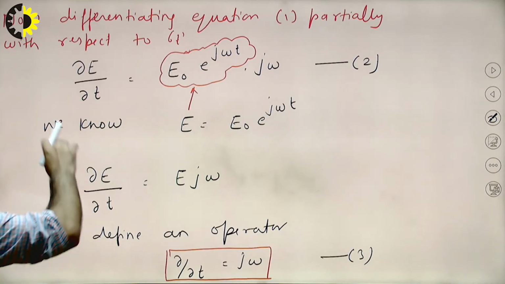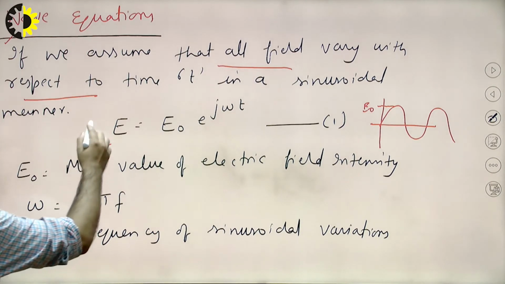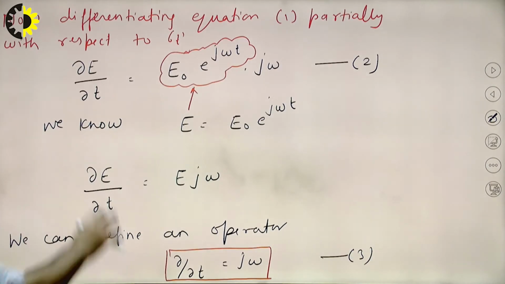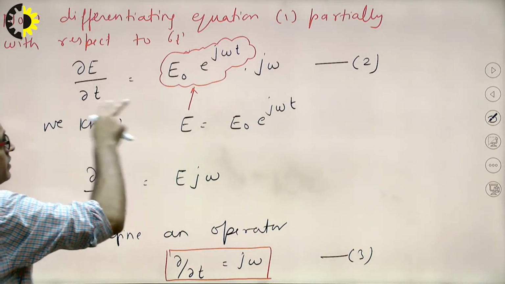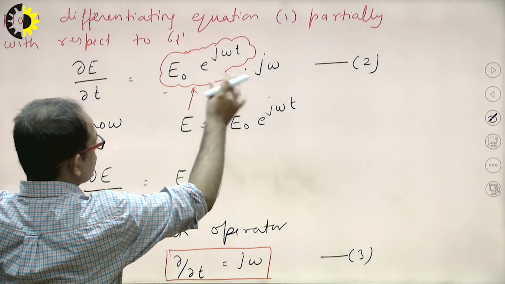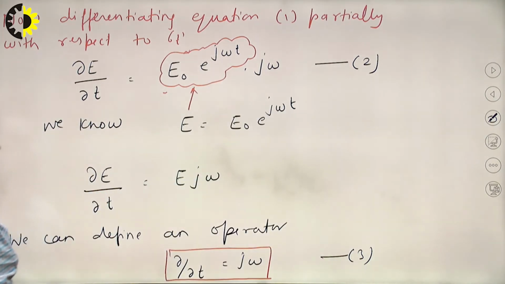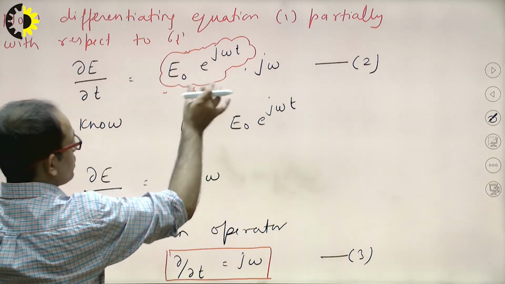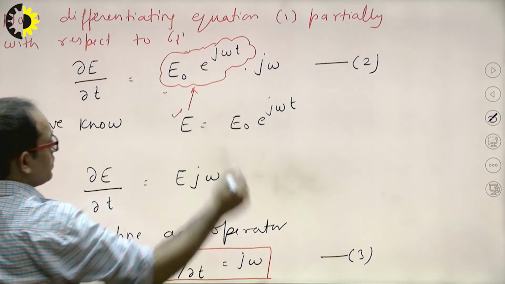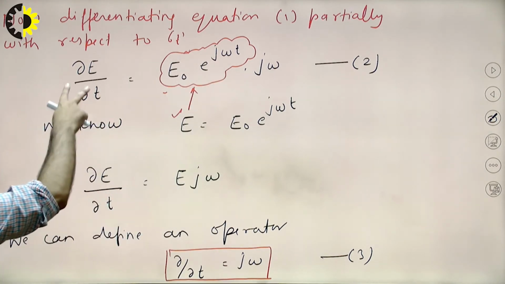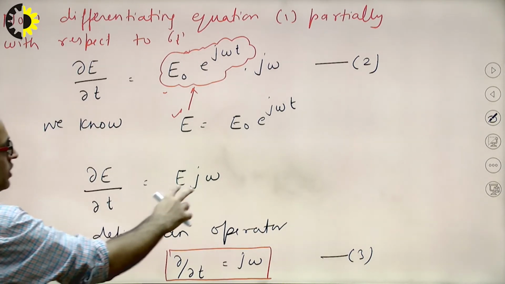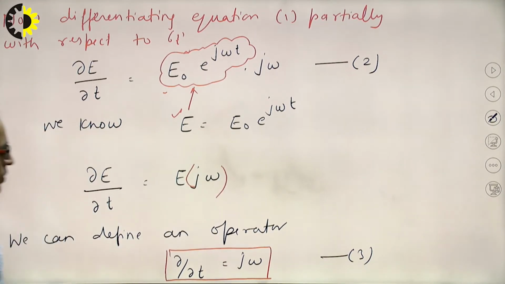Now differentiate this equation with respect to t: del E by del t equals E naught e to the power j omega t multiplied by j omega, and this represents E. So I can say that del E by del t equals E into j omega.